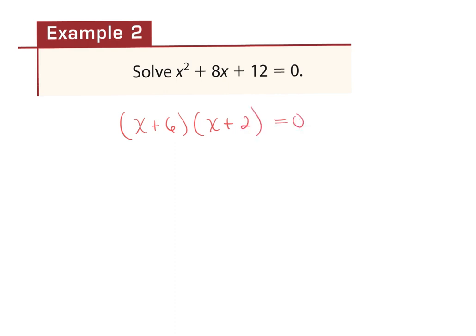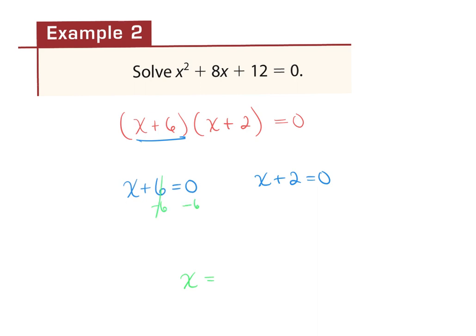We can double check it. If I were to multiply positive 6 and positive 2, I would get positive 12. If I were to add positive 6 and positive 2, I would get positive 8. Now that I have it in factored form, I can do what I did on example 1. If I want to solve for x, I'm going to set each factor equal to 0. And then I have a really simple solution.